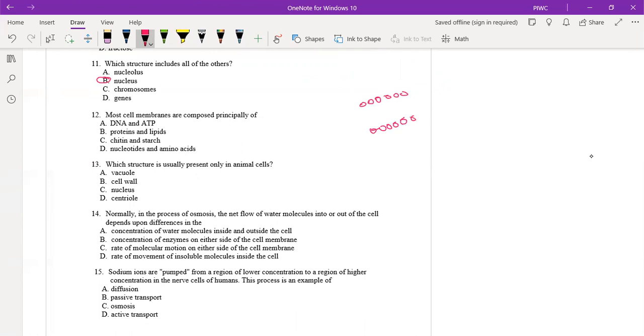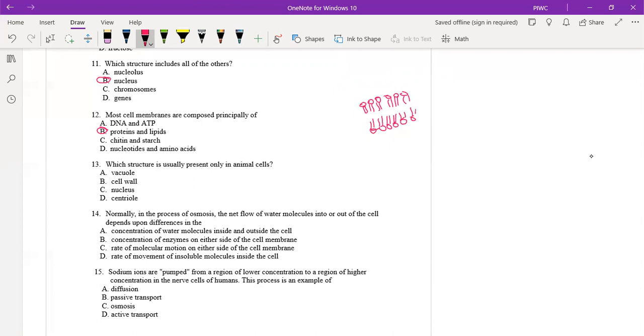B, proteins and lipids. Phospholipids. Remember, we have the heads and then the tails, the hydrophobic and hydrophilic parts.